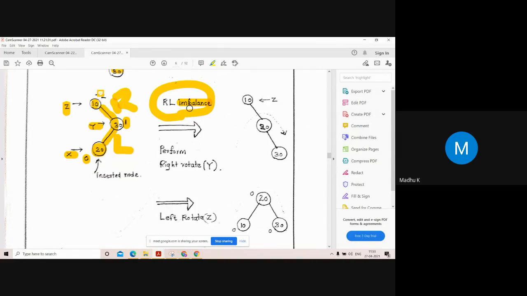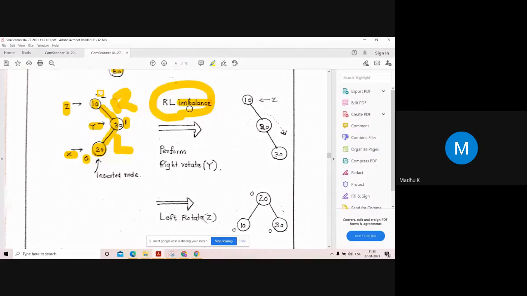So what do we do if an RL imbalance occurs? That is the next question.